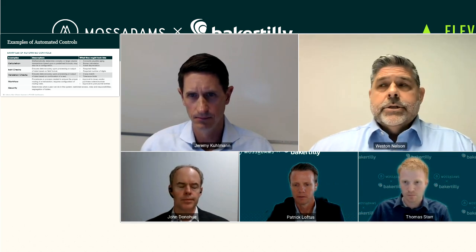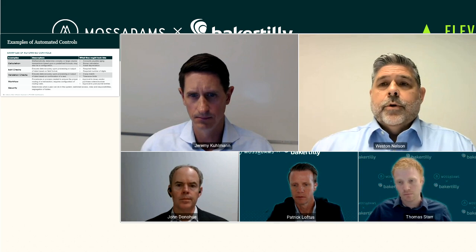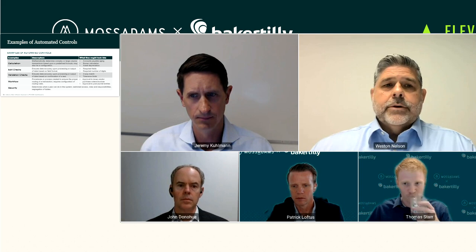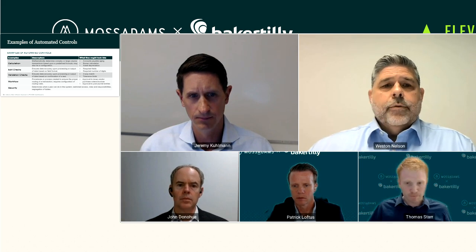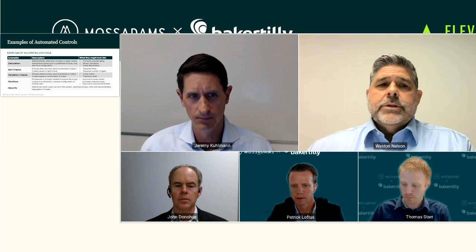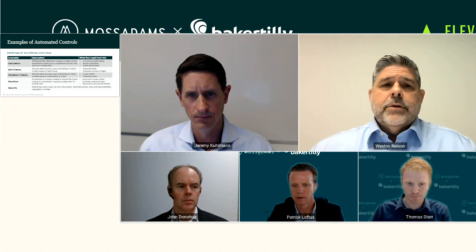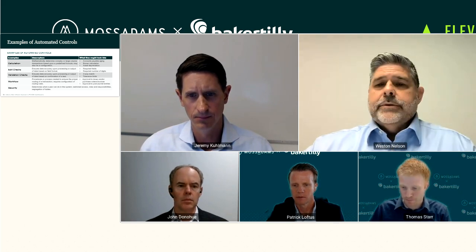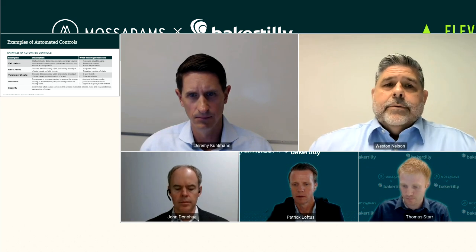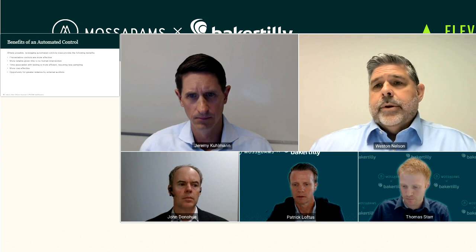And those validation checks can also be in a combination with workflow, where an individual is signing off on a certain threshold, and then a higher threshold requires that to be sent to someone else. So these are just various examples of automated controls to consider when you're going through. Now, to step back, let's talk about a little bit of the benefits.